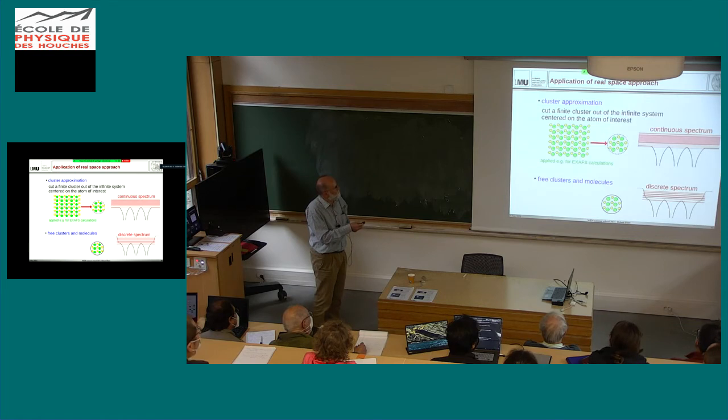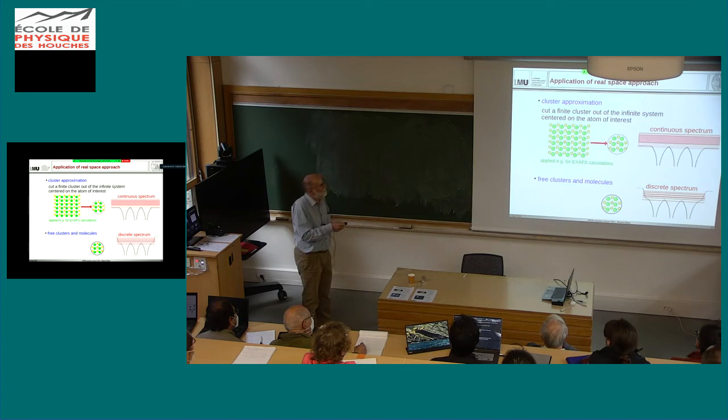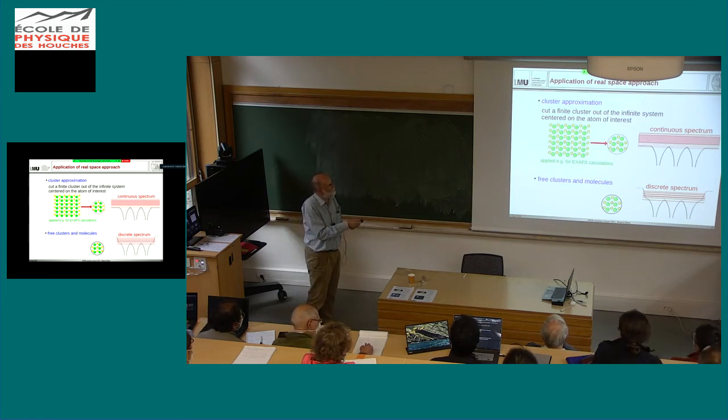Important for us is, if you cut it out of a solid, you freeze in the potential. And so that means in particular that you have as a boundary condition a free electron gas to the left and to the right. And the spectrum that you are calculating is then, of course, a continuous spectrum.